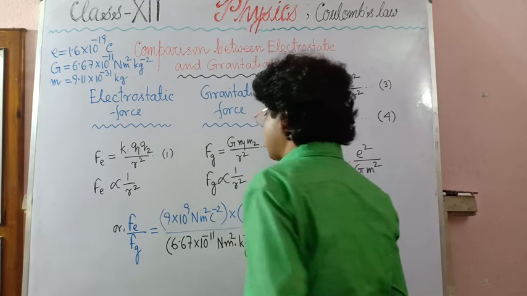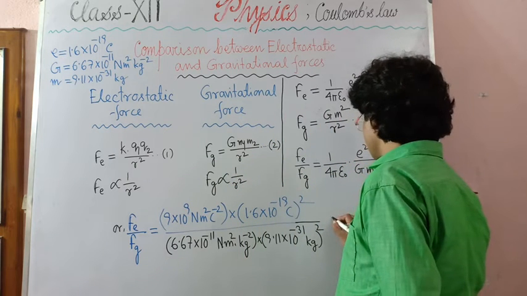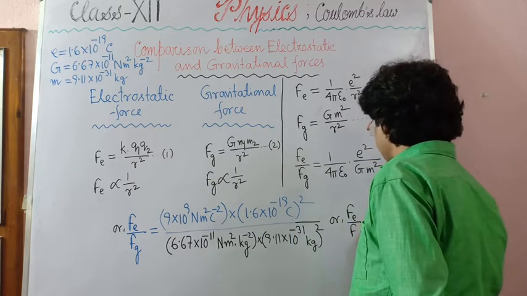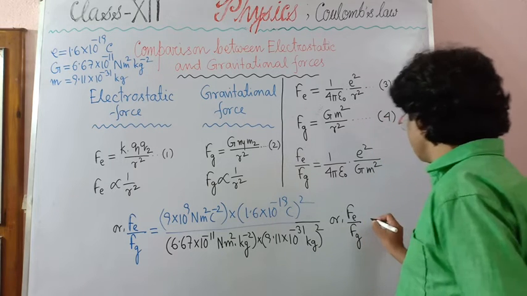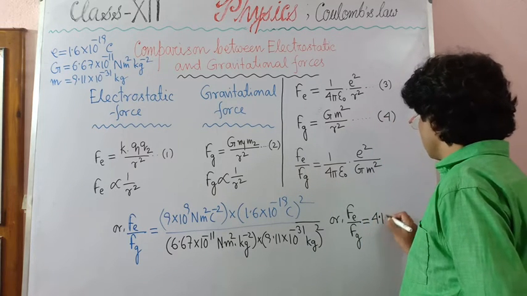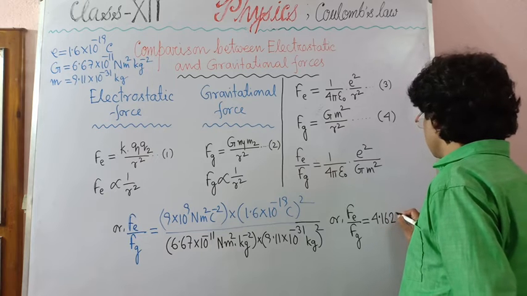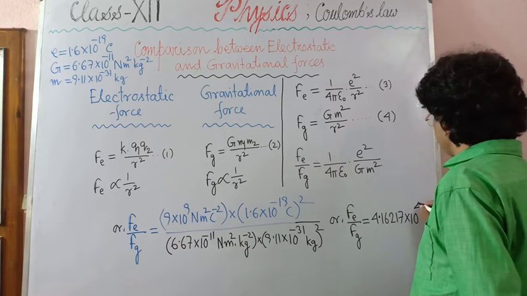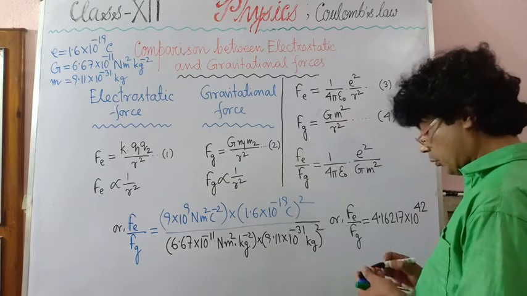Calculating this, we get Fe by Fg equals 4.16217 into 10 to the power 42.